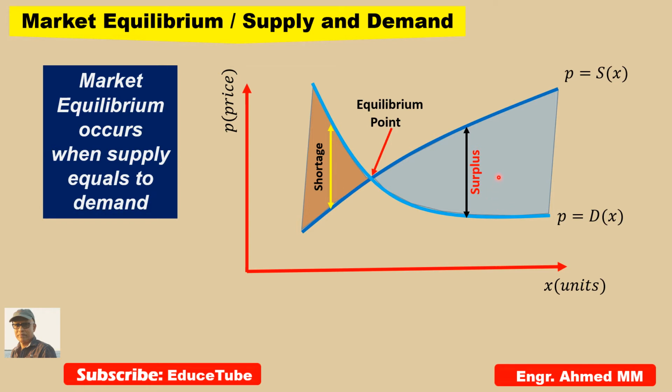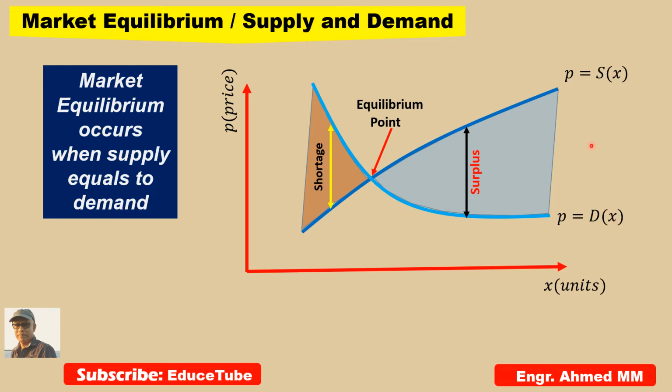Here there are two functions we can see. One is the supply function P equals S(x), another is the demand function P equals D(x). For a commodity, this demand function relates the number of x units that are produced to the unit price P equals D(x) at which all x units are demanded, I mean sold, in the marketplace.